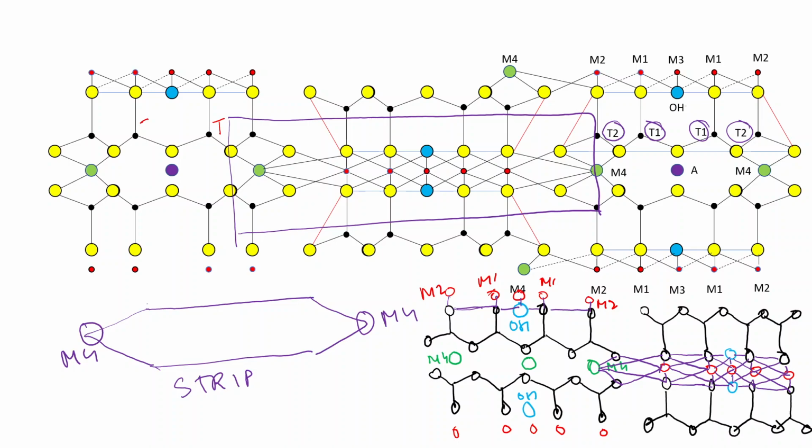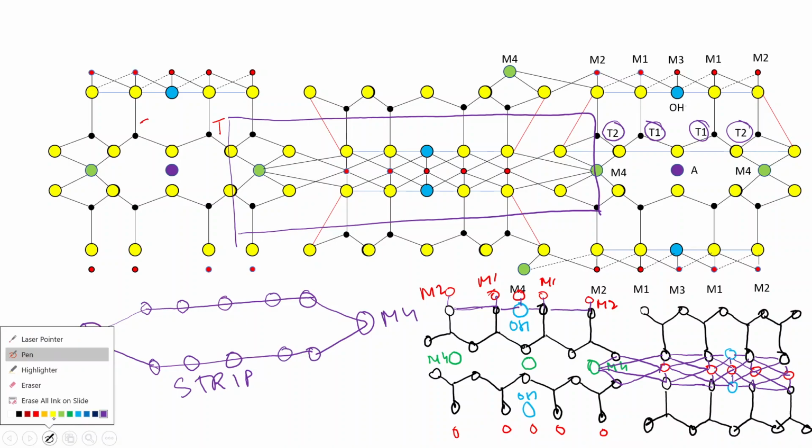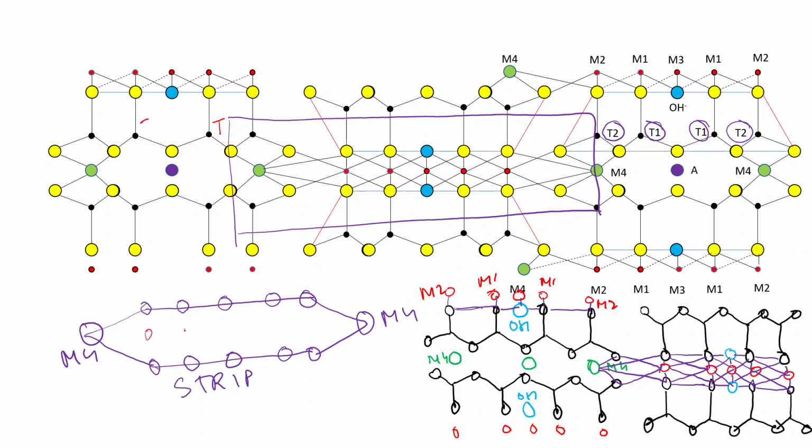This is oxygen 1, oxygen 2, OH minus, oxygen 3, oxygen 4, oxygen 1, oxygen 2, OH minus, oxygen 3, oxygen 4. Then we have these sites, we have M2, M1, M3, M1, M2, and then we are simply linking them together like this.